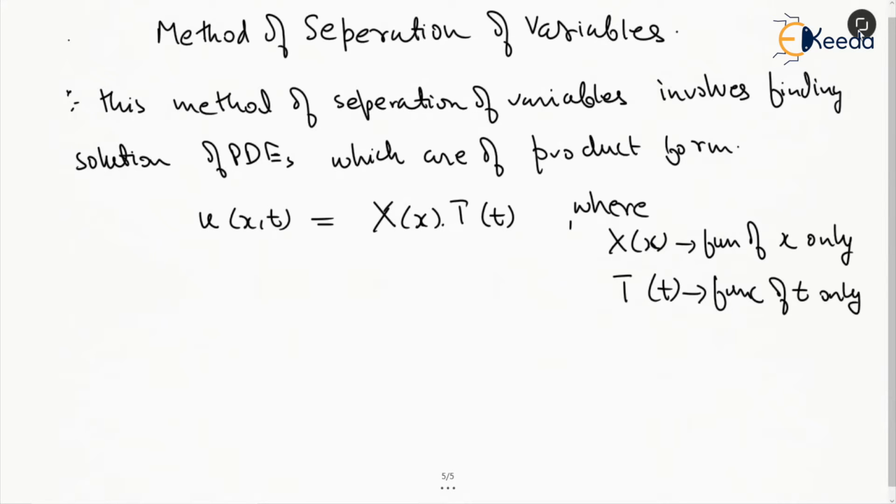So in this case we are assuming that the unknown u is actually function of product of functions of two variables, right? This is function of small x, this is function of small t.